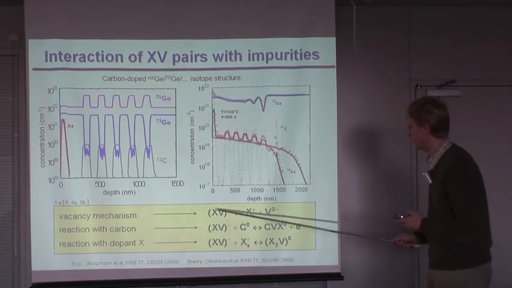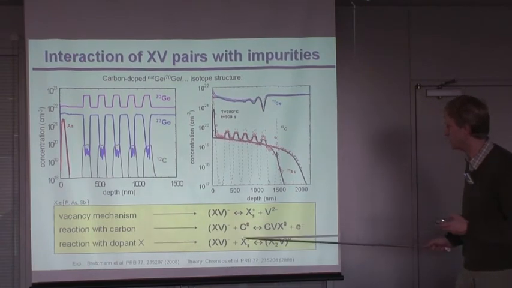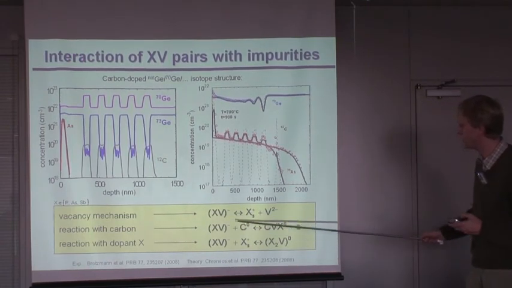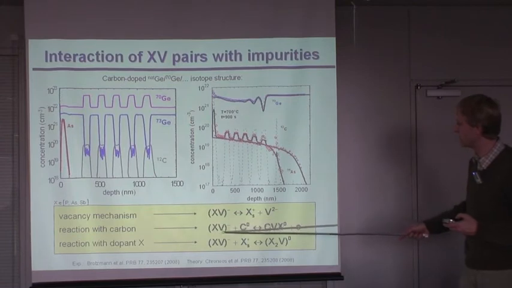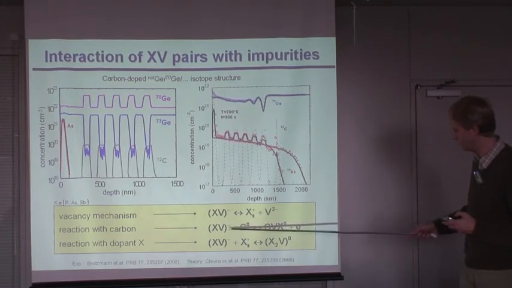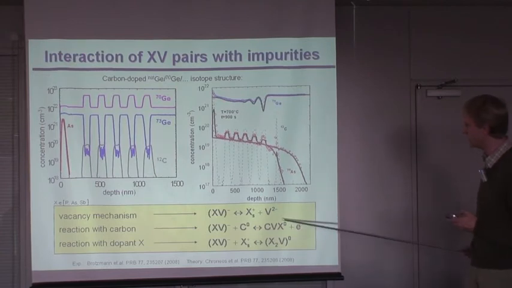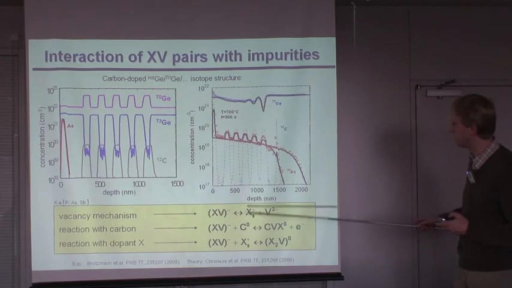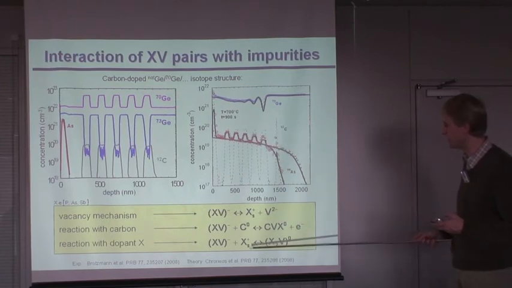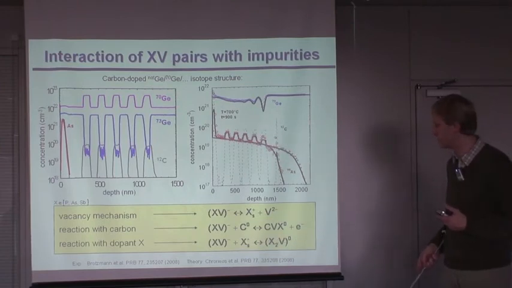Yeah, and of course this is the vacancy mechanism, and then here we have to invoke a reaction with carbon. So of course the mobile species is always the arsenic vacancy pair, and this combines with a substitutional carbon to such an immobile complex. And what you also have, maybe you cannot see that here, is a so-called deactivation reaction.